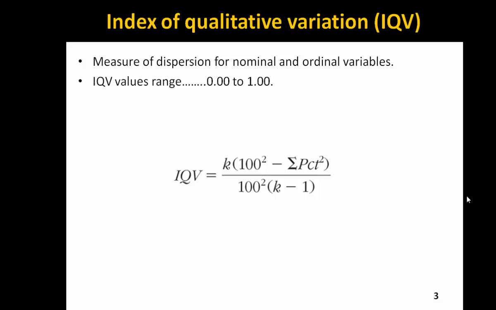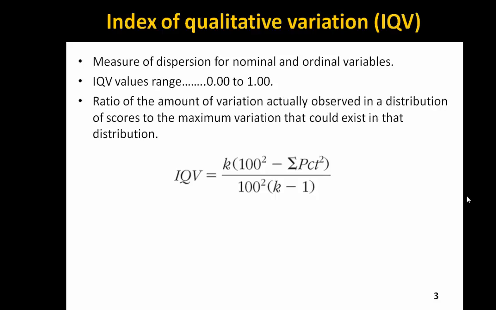The calculation for the index will range between 0.00, indicating no variability, to 1.0, which is a number that would indicate the maximum possible variation among a set of scores.